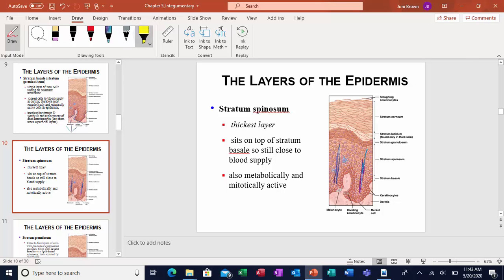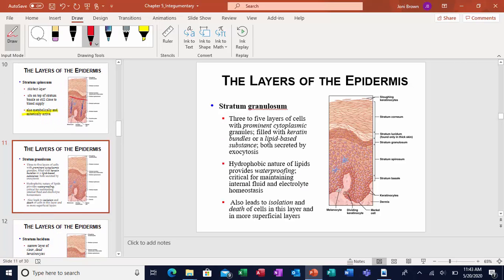So here, the cells are also alive and dividing by mitosis, and they get pushed up and pushed up. And you'll notice as they get pushed up to the top region that they get flatter looking, more squamous. They're more cuboidal down at the bottom in the stratum basal and at the bottom of the stratum spinosum. But as they move up, they become more squamous.